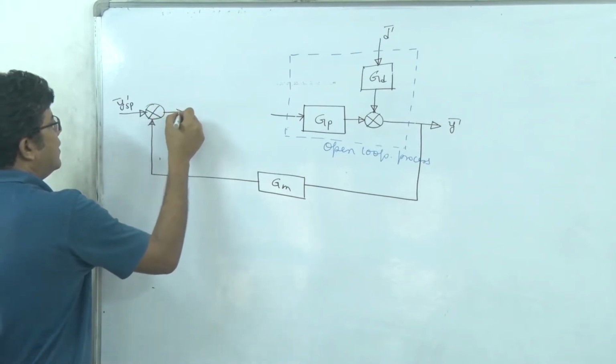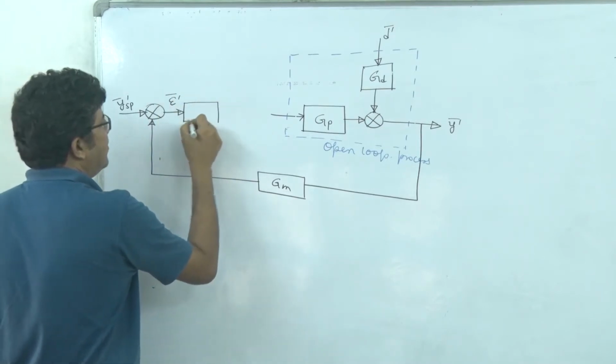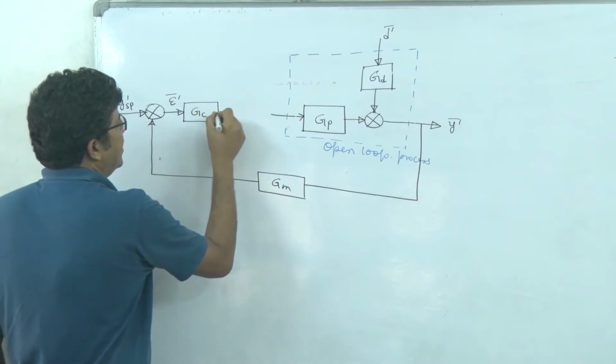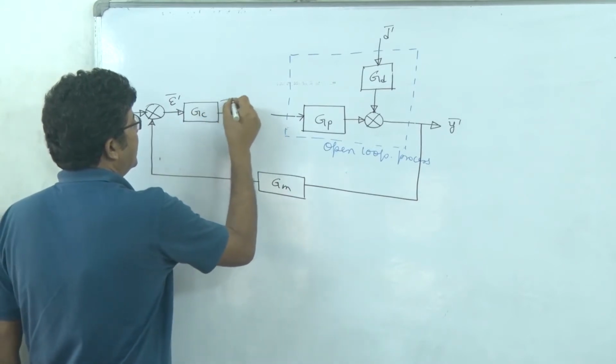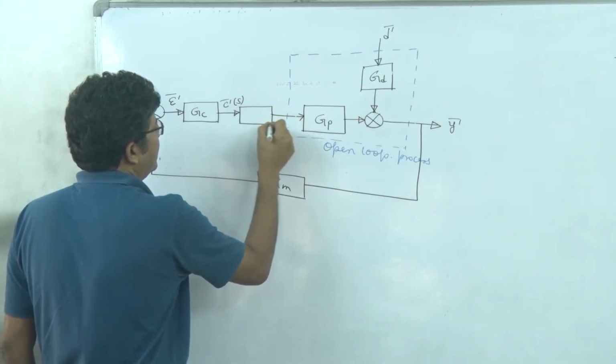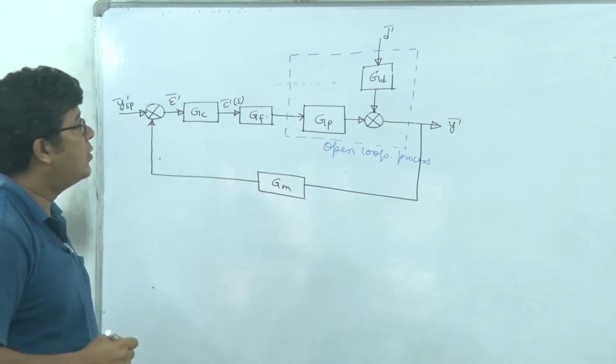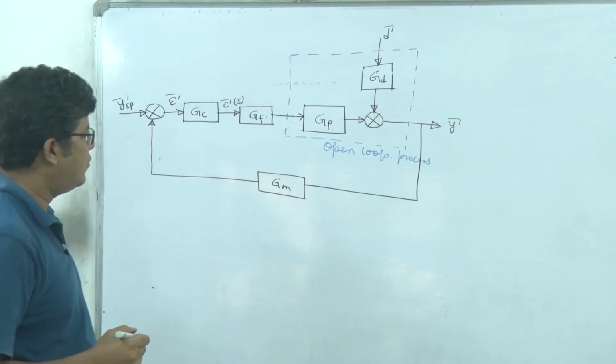Error is generated and fed to the feedback controller, and the controller's output is C prime S. The controller's decision is implemented on the process through the final control element.